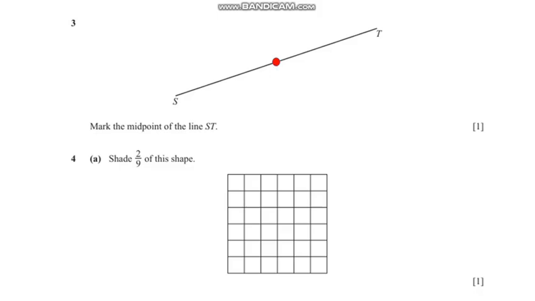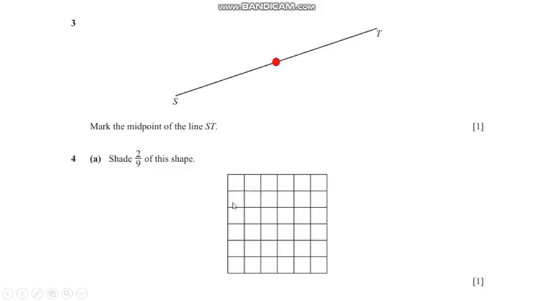We now move on to our question 4. So our question 4 reads, shade 2/9 of this shape. So here we have a grid, and we have been told that we need to shade 2/9. So first thing, we must understand that when you look at this grid, this grid is having 6 rows.